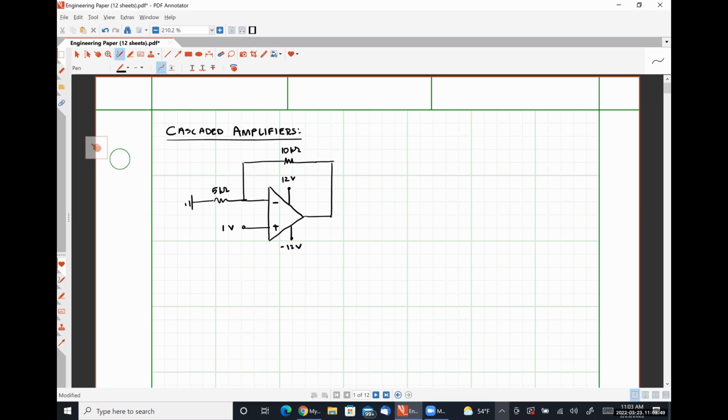And we take this output signal and we apply it to the input of a secondary amplifier stage, like so.